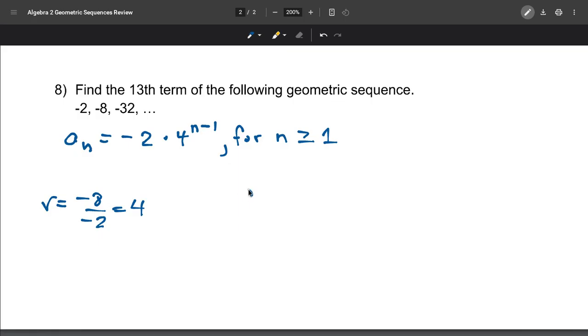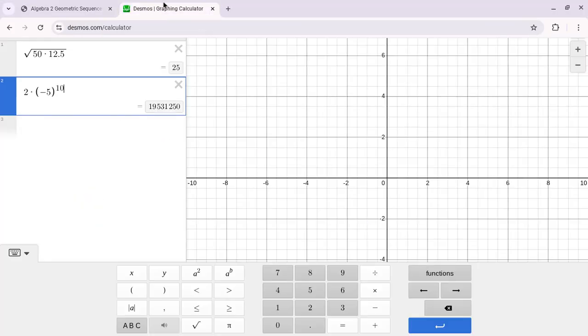Okay, so the 13th term is going to be negative 2 times 4 to the 13 minus 1 power. So negative 2 times 4 to the 12th power. All right, so Desmos.